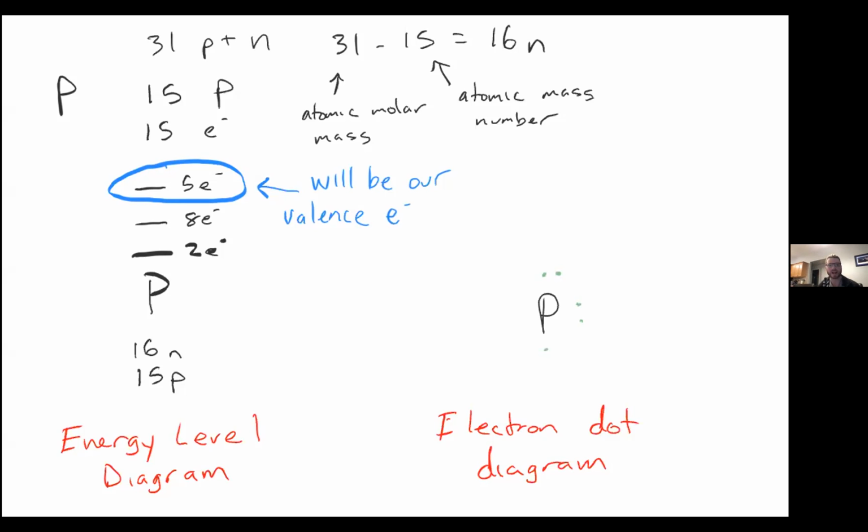We'll do calcium next, and then the calcium ion as well, and then we will move on. Calcium has a mass number of 40. Sorry, I don't know what I was looking at.